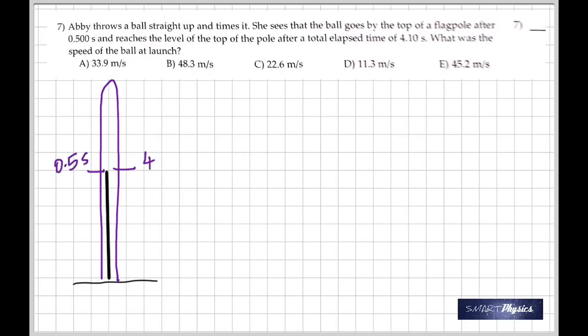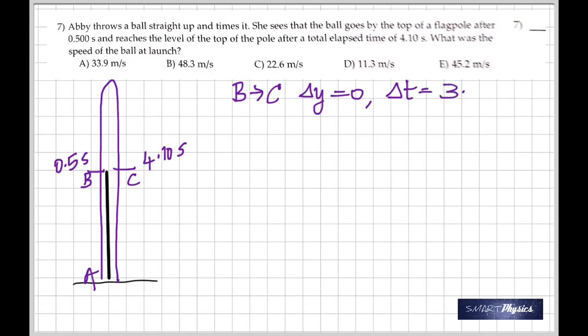So I'm just considering BC. Delta y is 0, the displacement. Time is 3.6 because it's 4.1 minus 0.5. That's the time that has passed.